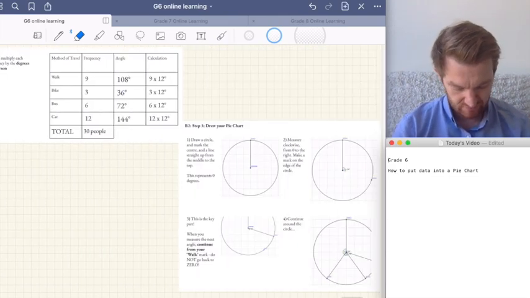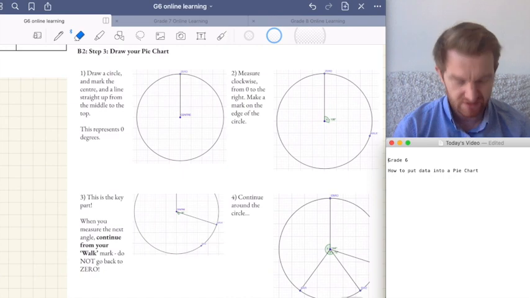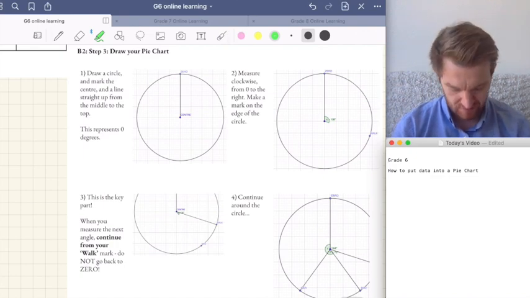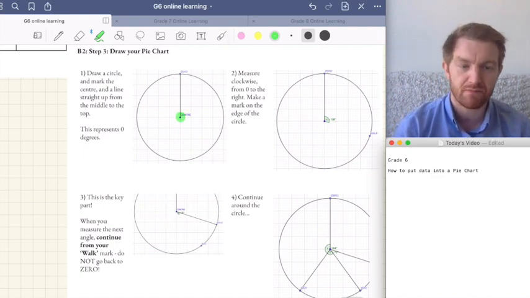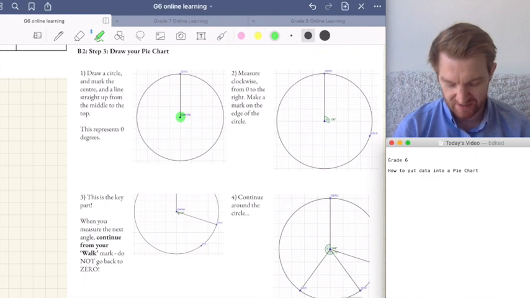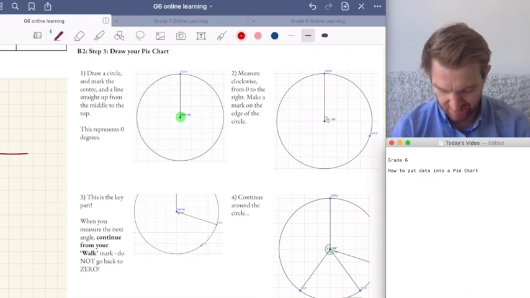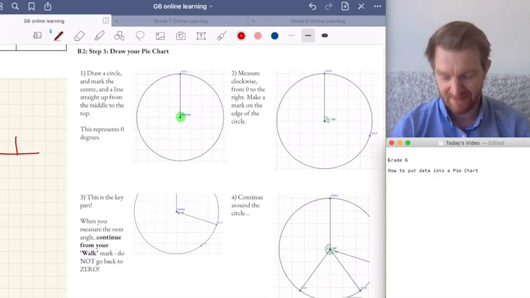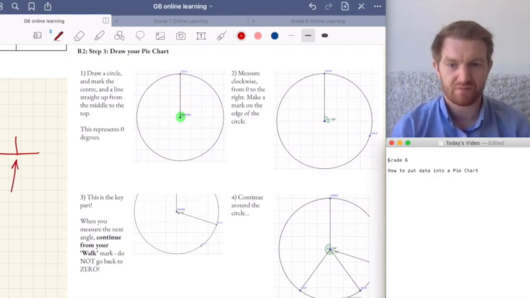Now, here are the 4 stages you would do to draw your circle. First thing you do is draw a circle. You mark the center. This is very important. On your protractor, you'll have a little mark right in the middle, and that point there should be where you mark the middle of the circle.